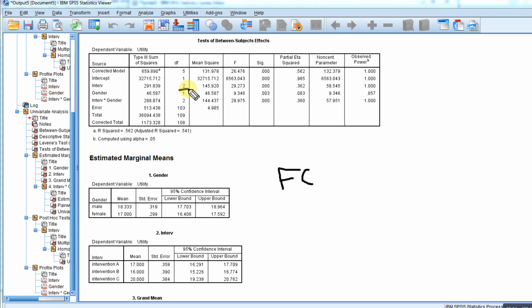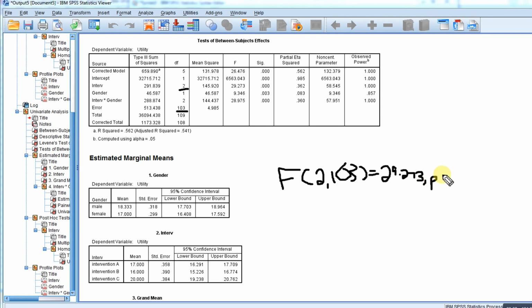So for intervention, the degrees of freedom between are 2, and the degrees of freedom error or within is 103, in parenthesis. And then they'll give the F value, which is 29.273, and then p is less than 0.001.